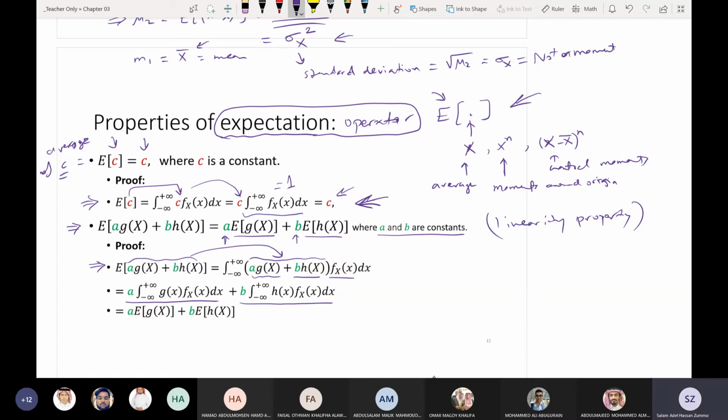And you can always take the constants outside the integral, so a outside, b outside, and you end up with a multiplied by, what is this? This is the expected value of g of x, right? And this is the expected value of h of x.